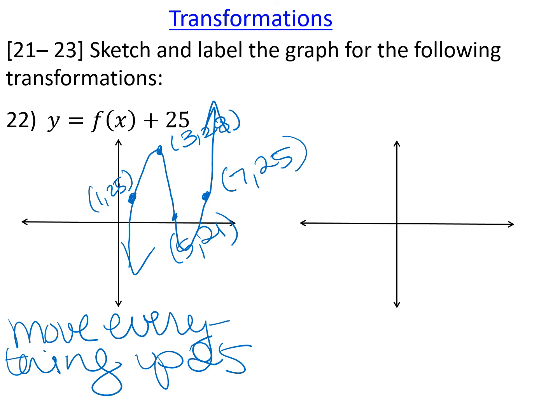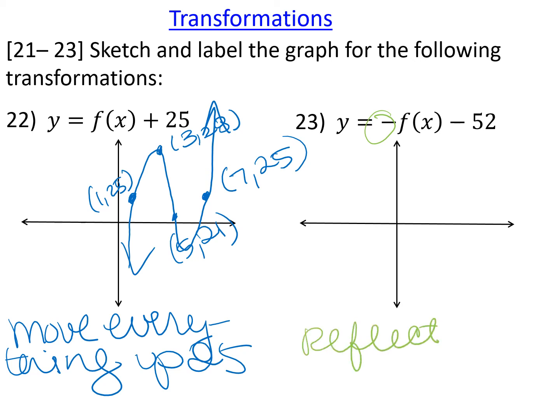This next one here is a little bit more tricky. I'm going to do it in 2 phases. The first phase, let's see if I can use a lighter color, like this lighter green maybe. The first part says to reflect over the x-axis.